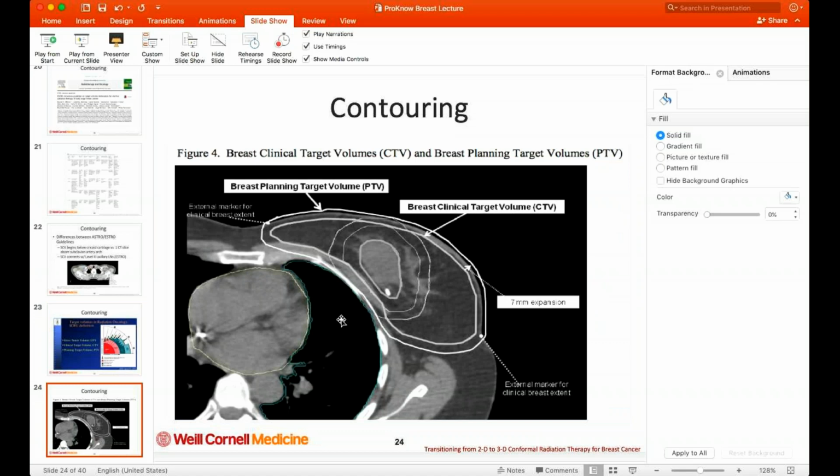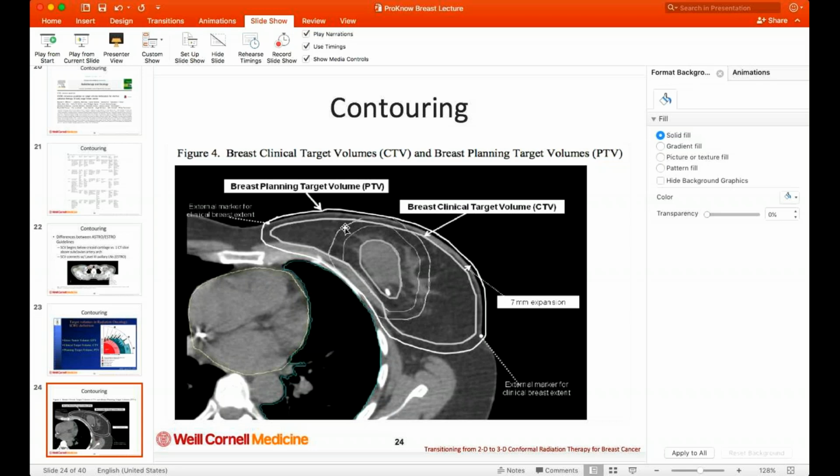This is taken from one of the RTOG studies, just to illustrate how you might contour out the breast clinical target volume. Based on the RTOG studies, this is how they usually do it.